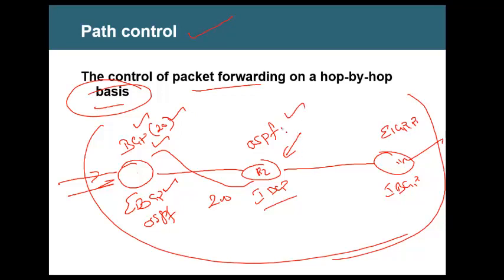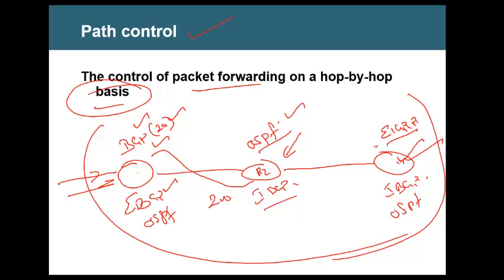If OSPF and iBGP bring the same destination or path information, whose path is taken by the router? It's the OSPF path. And now this router, you may run OSPF, EIGRP, IGP, iBGP.